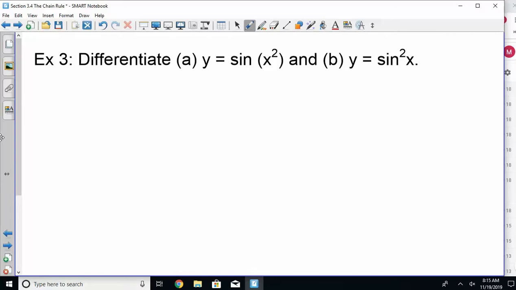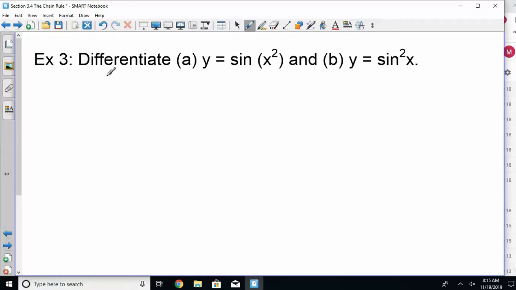We're finding two different things in here. How are those different? A and B. Right. On the first one I'm squaring the x, the angle. On the second one I'm squaring the sine, the trig function.